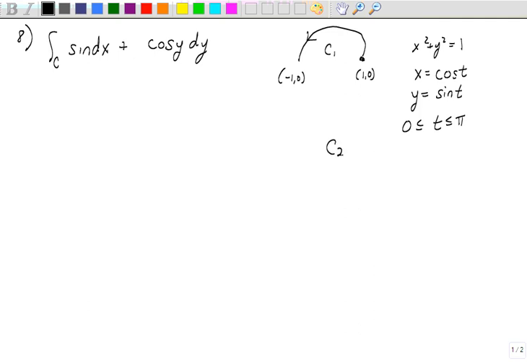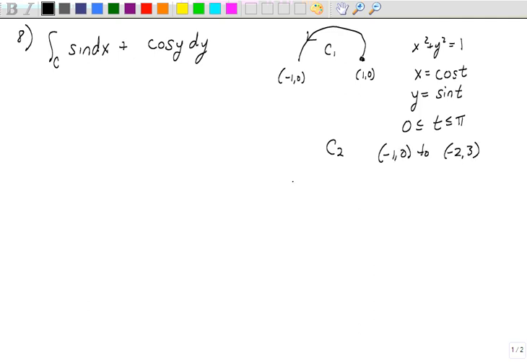And then the second curve, I have the line segment from (-1, 0) to (-2, 3).